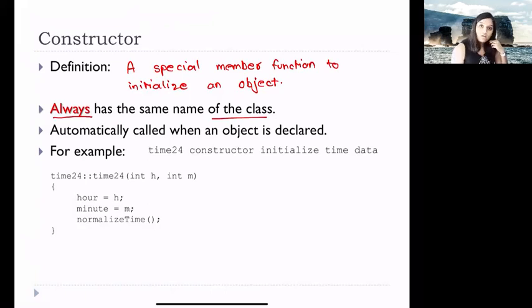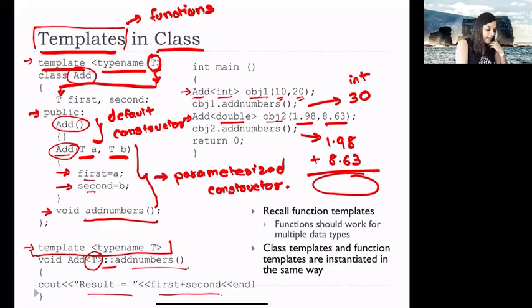Constructors are automatically called when an object is declared. As you see here for class add, we just declared an object one and passed an argument to it. Depending upon how many arguments we passed, the corresponding constructor was automatically called. We never explicitly did the steps of first equal to A and second equal to B, but still when you call this function add numbers, it knows what is first and what is second. Although you are passing just the arguments, you are not explicitly saying that this is first and this is second.